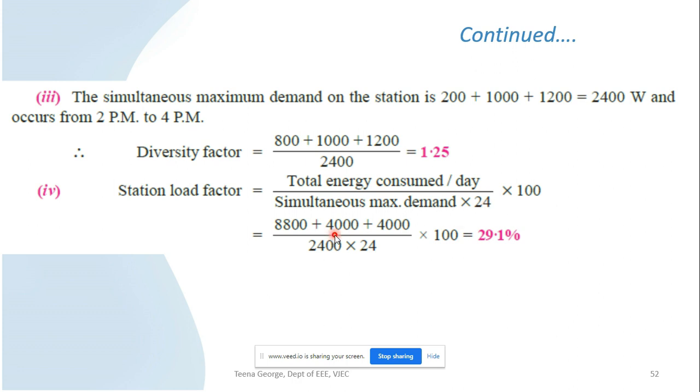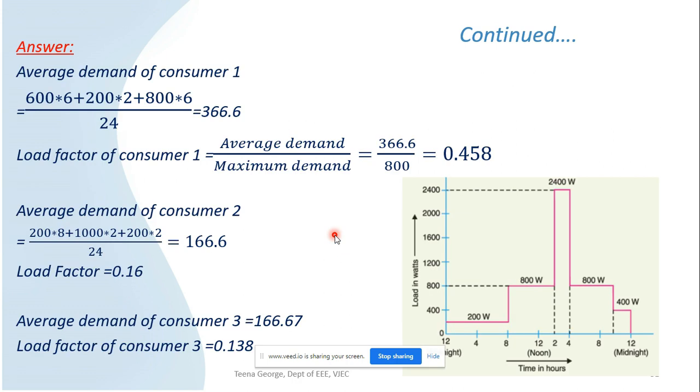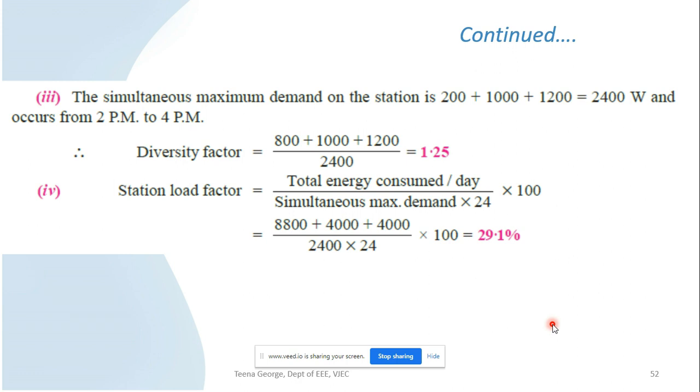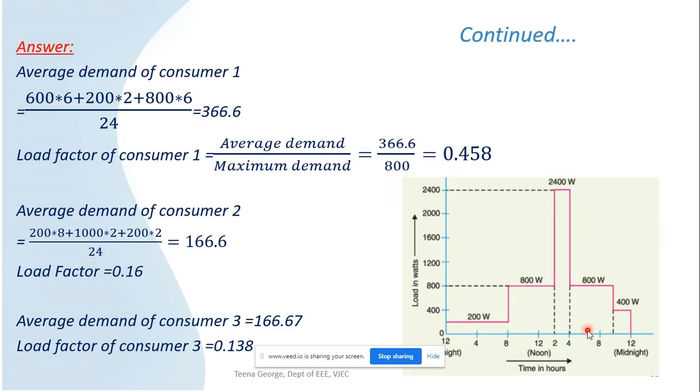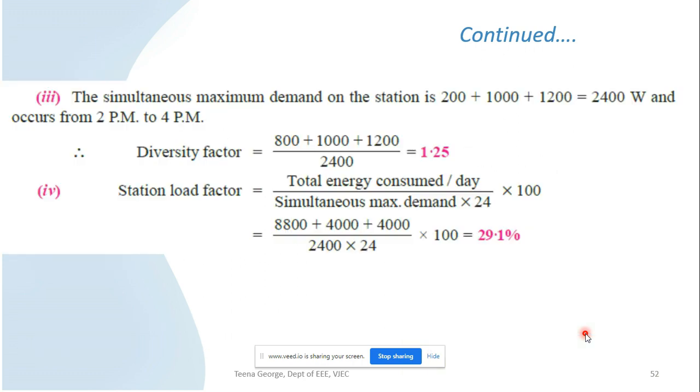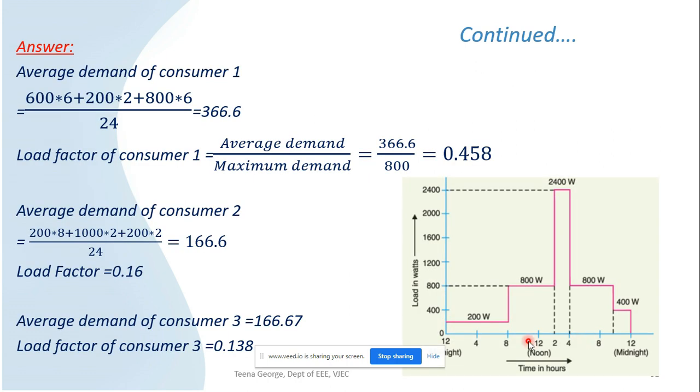So total energy consumed is obtained from the area of the load curve. 200 into 8, 800 into 4, plus 2200 into 2 plus 800 into again 4, 400 into 2.